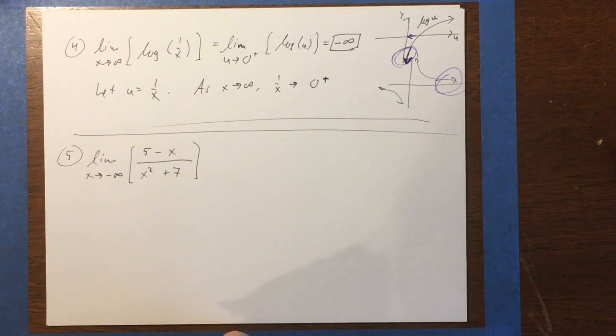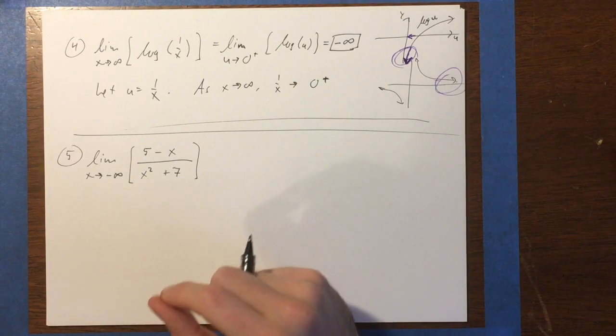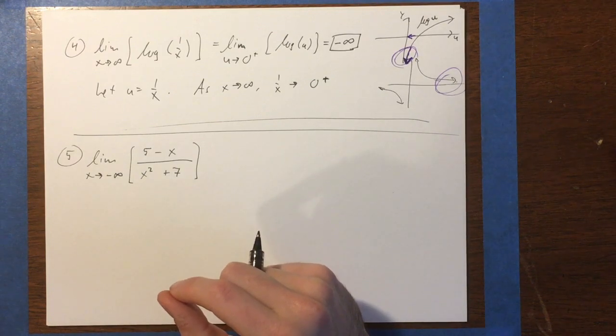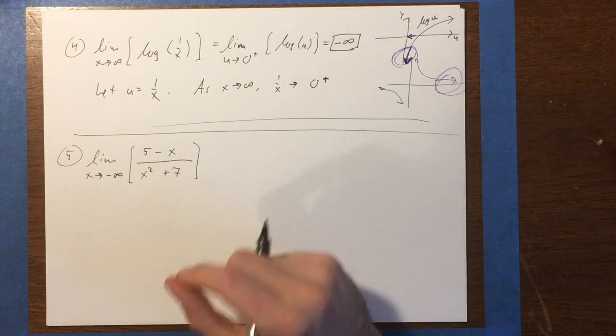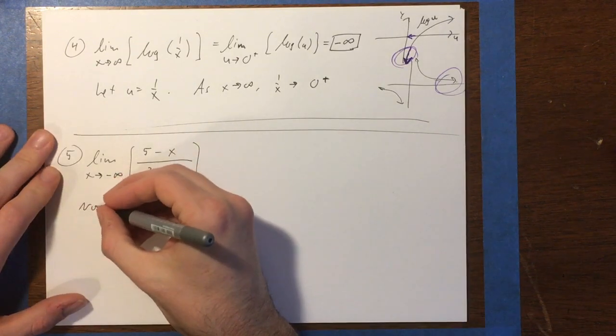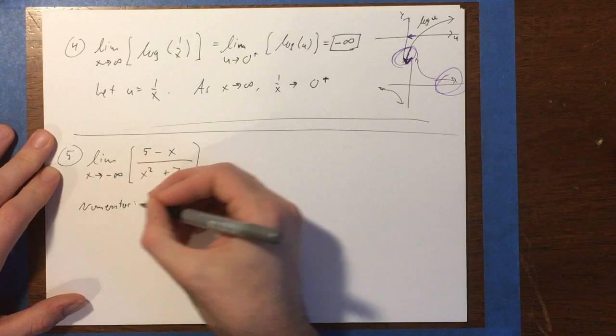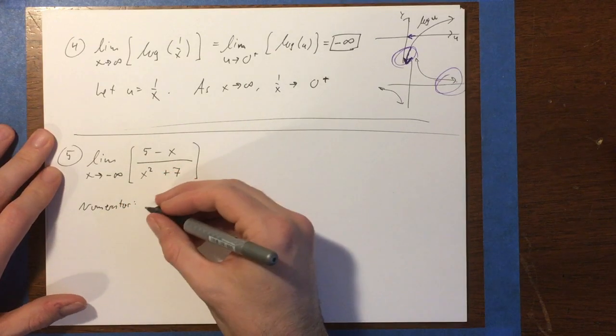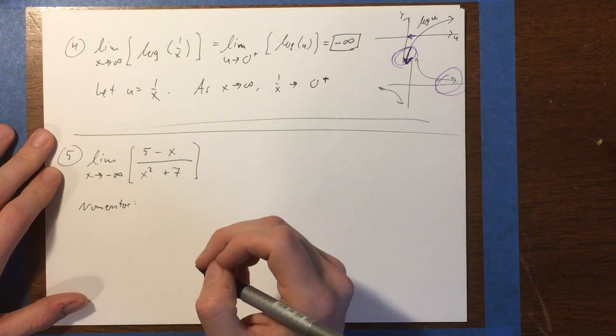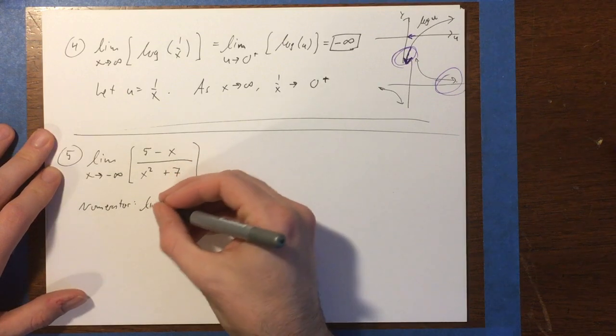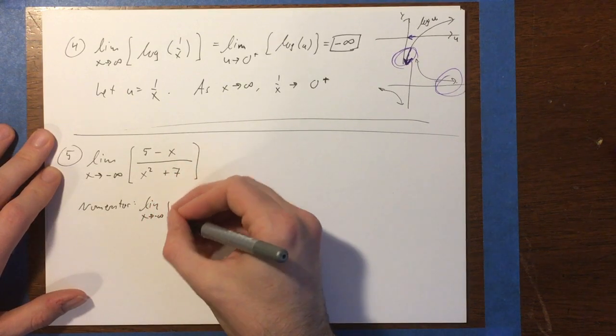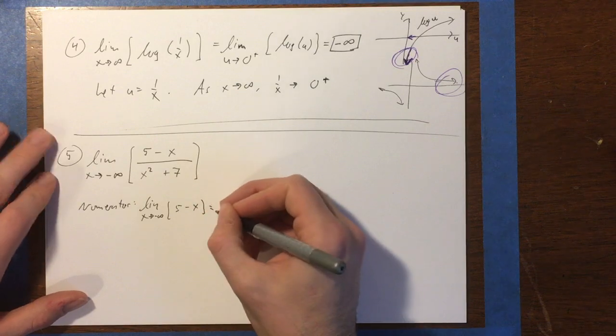Okay, so given that I just made this up, I'm going to have to think about this a little bit, but I chose this example for a reason. Let's look at what's happening to the numerator and denominator. So the limit as x approaches negative infinity of 5 minus x, what's going on there?